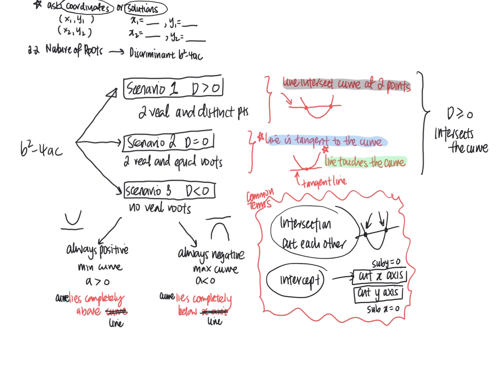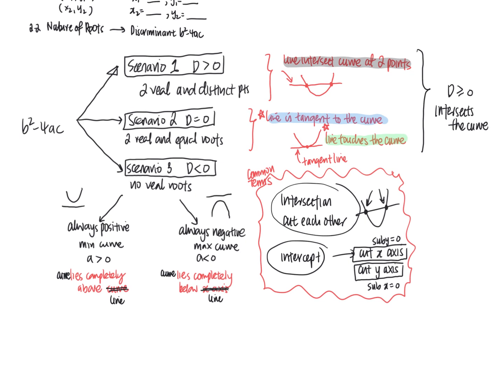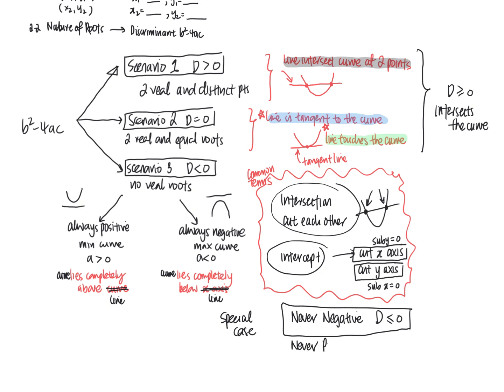Another one that is common is the one that we use, never negative. Remember, never negative, so discriminant is less than or equals to 0. So this is a special case. Or never positive. These two lead to the same outcome.